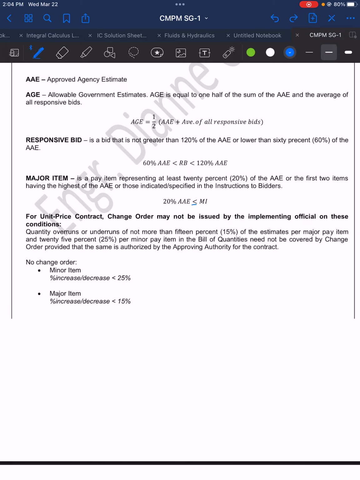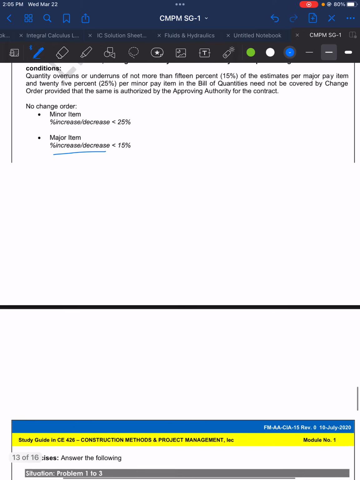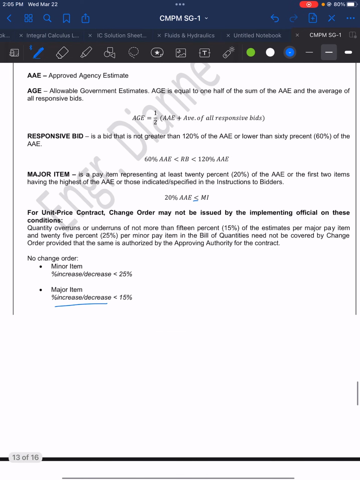They need not be covered by the change order. Okay, so here is the summary. No change order for a minor item wherein the percent increase or decrease is less than 25%, or under a major item its percent increase or decrease is less than 15%. Okay, so these are what we will consider in solving the sample problems below.